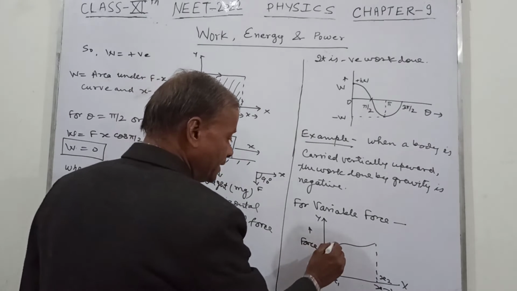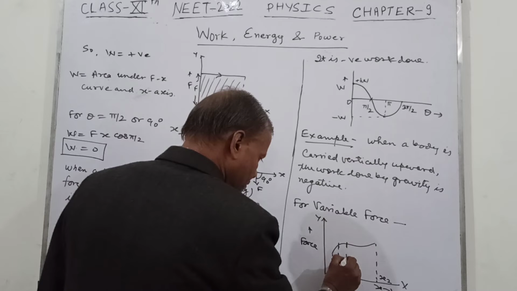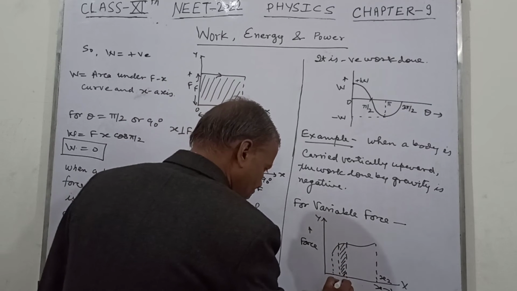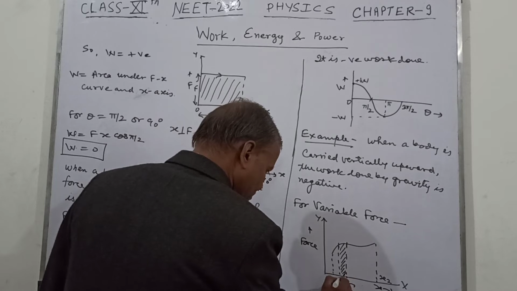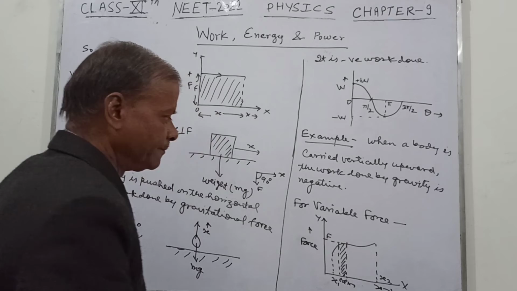Then we consider a small element of this one. This is now like this. This is now let dx, and this is now force F here.